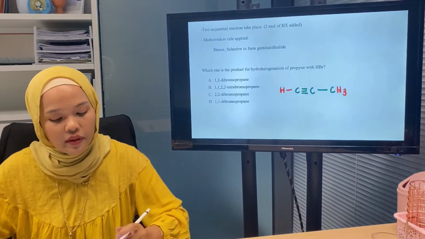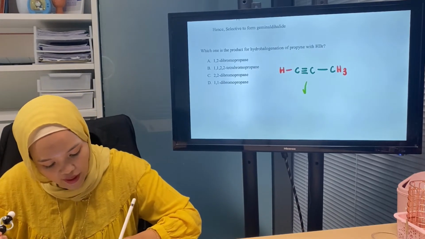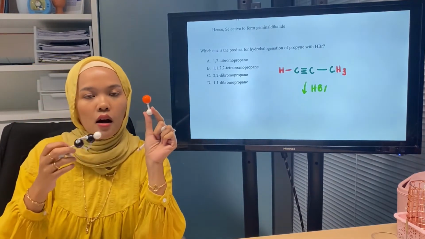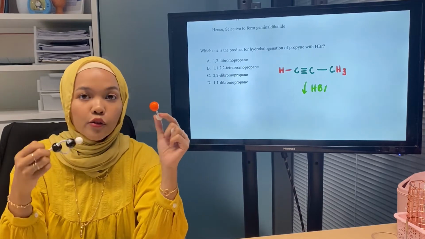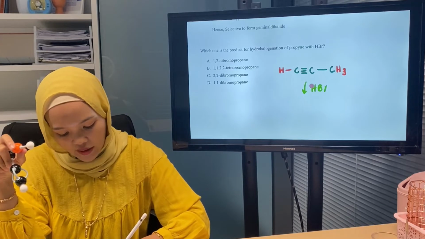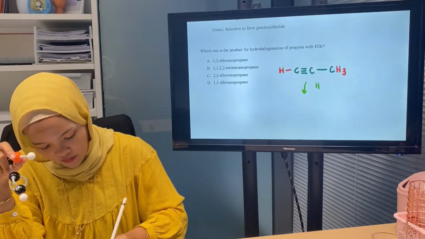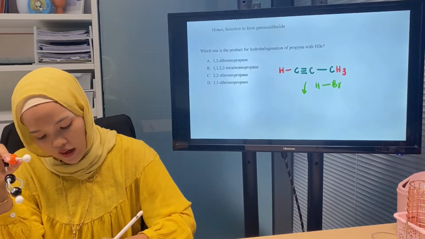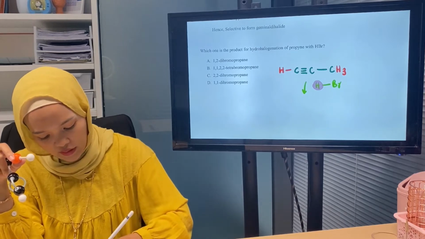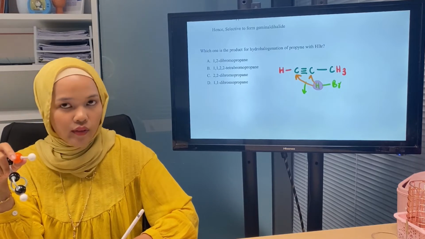Remember the first step is that it is going to add with HBr. Let's say this is our HBr, the first equivalent of HBr. Let me just draw it here. So will the hydrogen tend to be added to this carbon or this carbon?